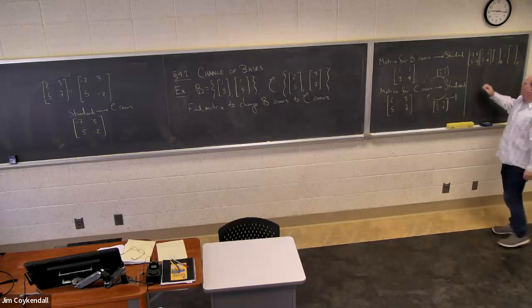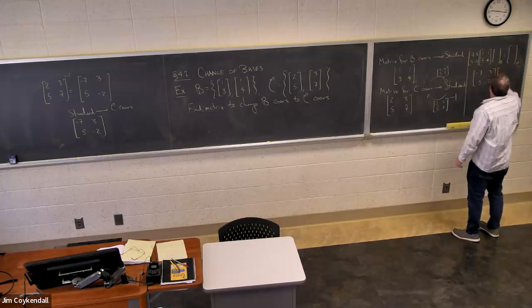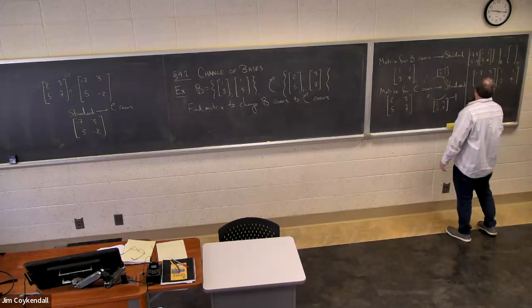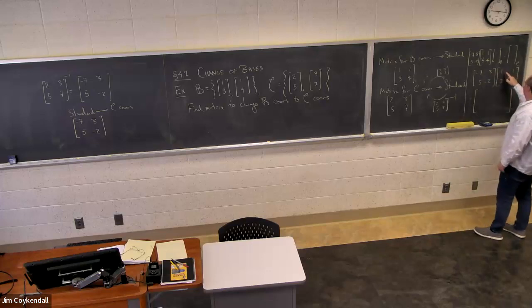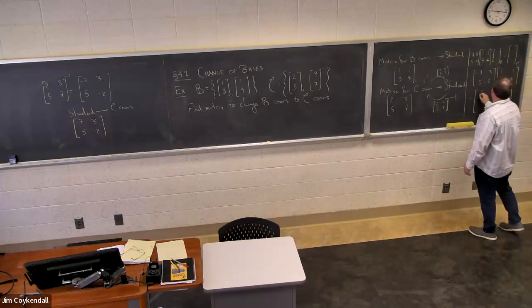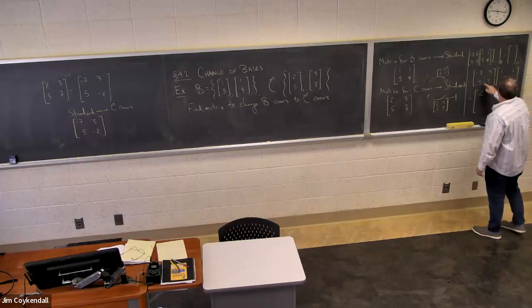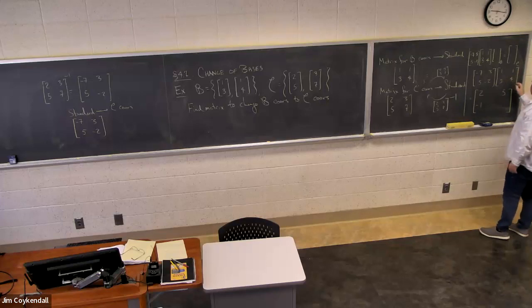And we can get this all together by multiplying these two. So this is -7 plus 9 is 2, -7 plus 12 is 5. 5 minus 6 is -1, and 5 minus 8 is -3.